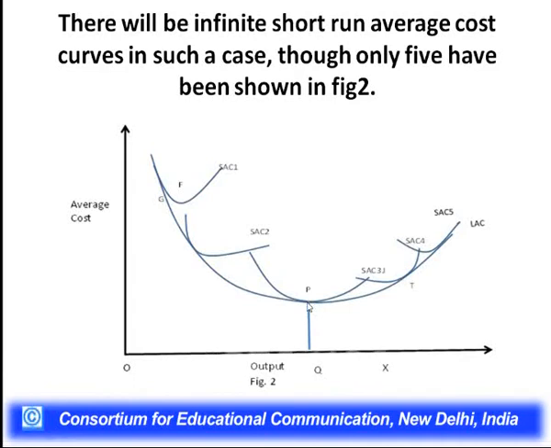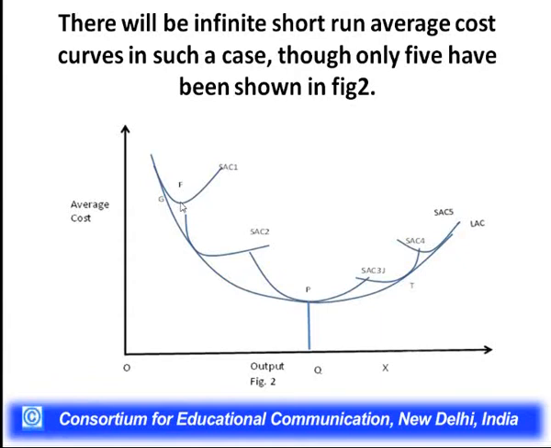Where the LAC is minimum, to the left of it every tangency point of SAC with the LAC comes earlier, but the minimum of SAC comes later on. You can see in SAC1 here the tangency point is at G, but the minimum is at F.